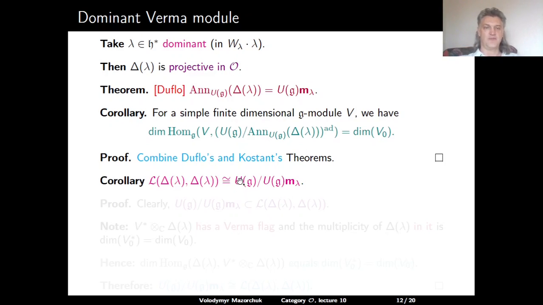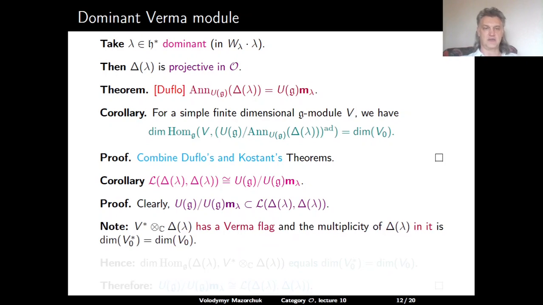In particular, it follows that the GG-bimodule L delta lambda is isomorphic to the GG-bimodule U of G divided by U of G times M lambda. Of course, due to the action map, the right-hand side of this isomorphism is a submodule of the left-hand side, simply by how UG acts on delta lambda.